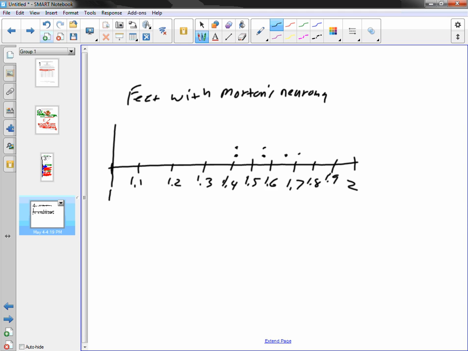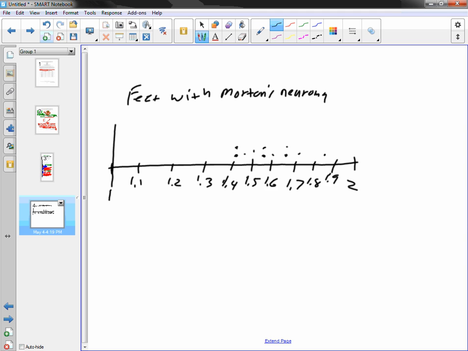The next person is both, so that's 1.85 and then 1.5. Next person is right, and their right foot is their dominant foot, so neuroma's in the right foot, so that's 1.45. Next person is 1.65. Next person is 1.6.